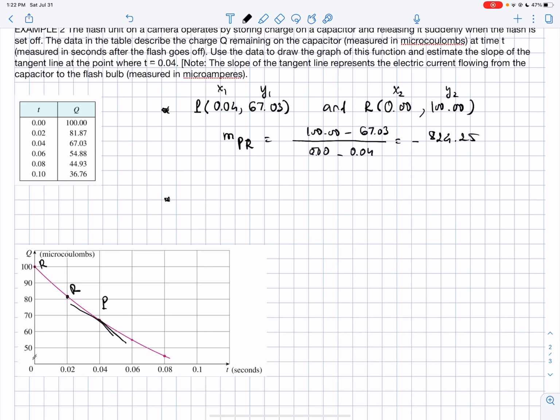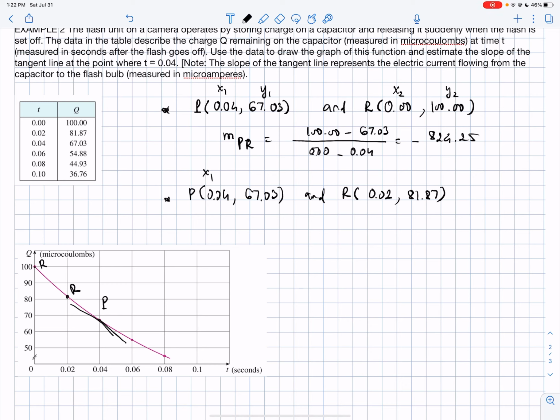And similarly, we have another point R. The coordinates of the point R are 0.02, 81.87. The point P is still 0.04, 67.03.